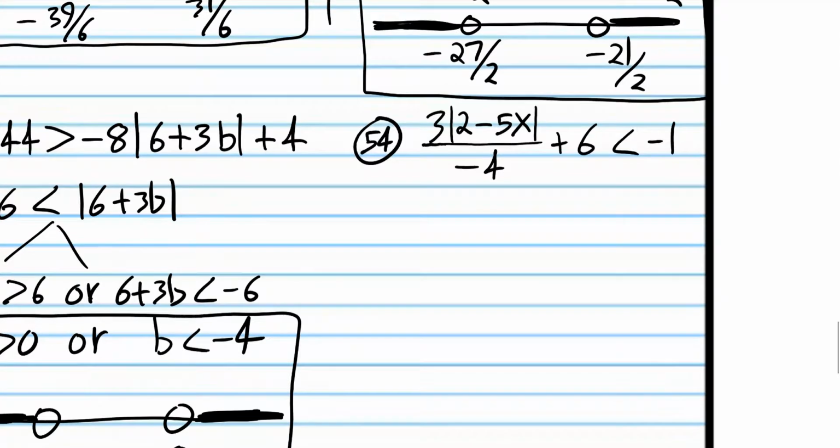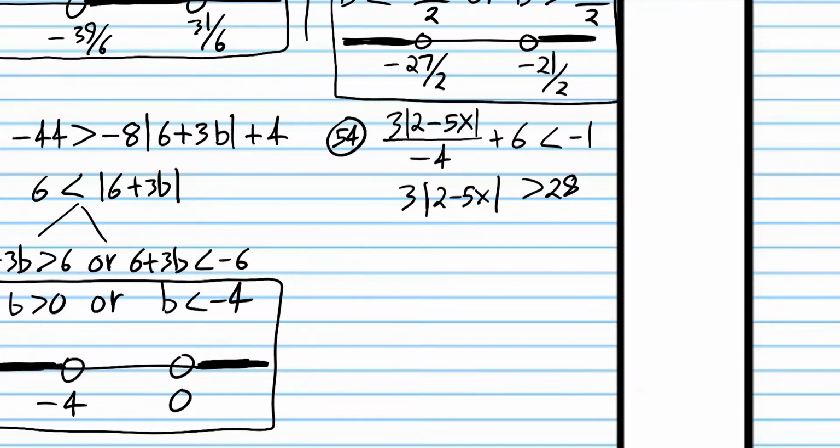All right, we're back. So looks like we get 28, and you have to flip the inequality. And then we're going to have to divide both sides by 3. And we get 28 over 3.